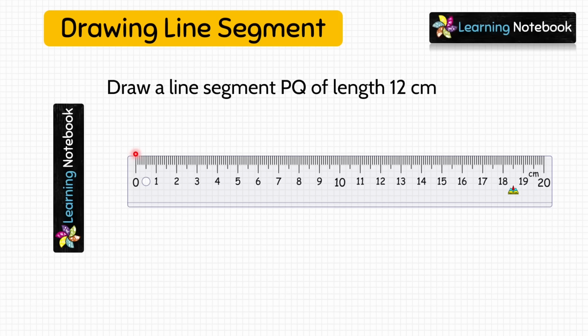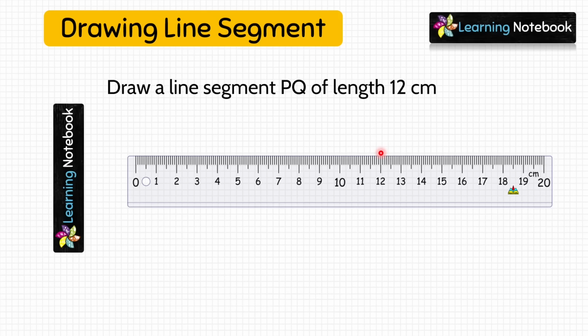Now students, we have to draw a line segment of 12 centimeter. This means we have to mark second point Q at 12 centimeter mark of the scale. It is here, as you can see the pointer, 12 centimeter is here.